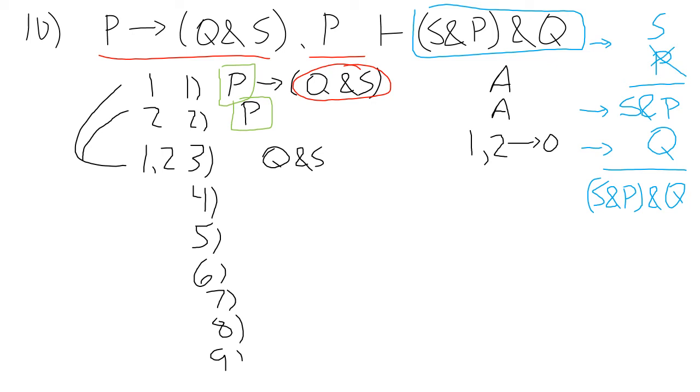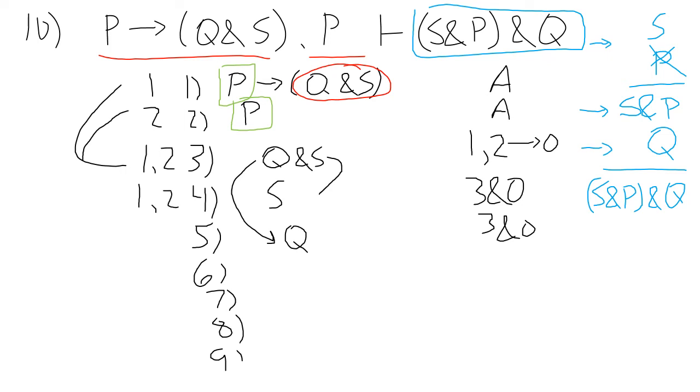So I need to break this up, write the S, and if I'm looking ahead, I need that Q too. So I'm going to write the Q down here. So 3 and out, 3 and out. Which numbers are next to 3? Those are 1, 2.